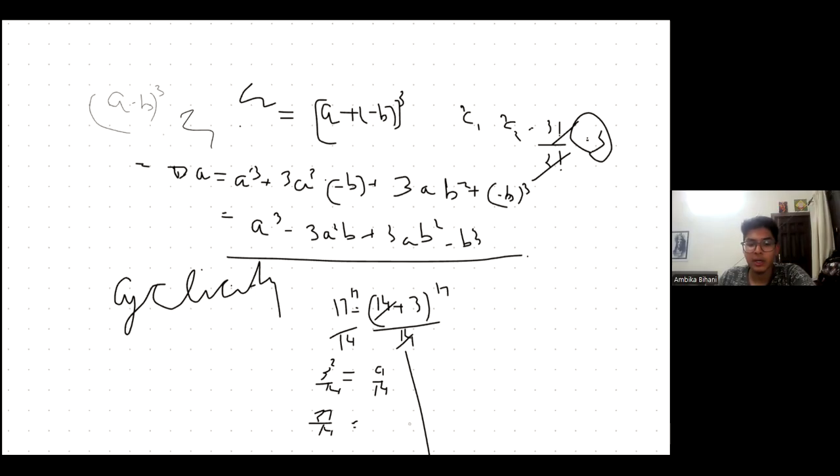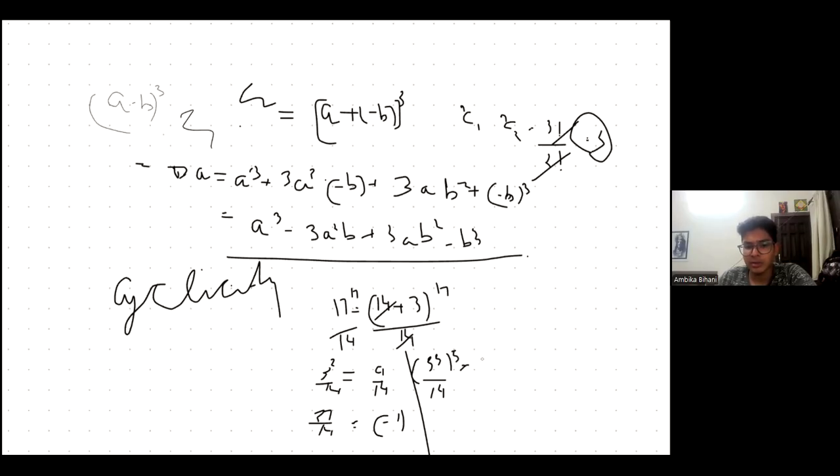So 3 to the power 3, or any power that is a multiple of 3, will provide a remainder of -1. So 3 to the power, what is the closest? The closest is 15, because 3 fives are 15. Now we are left with 3 square.